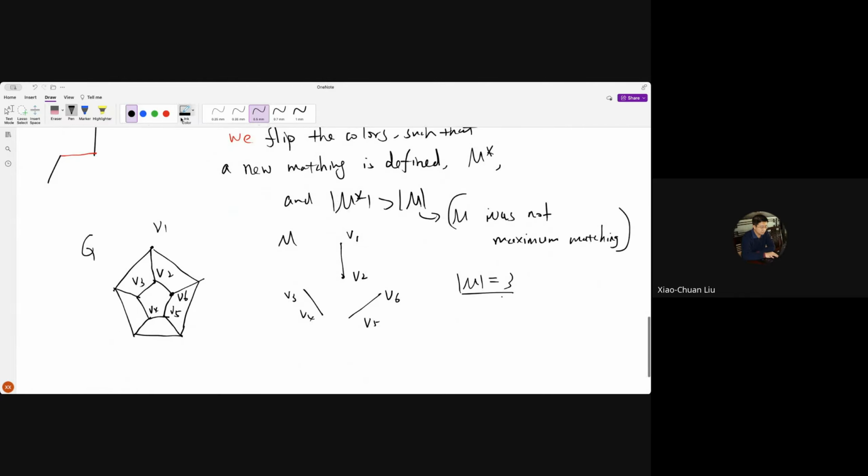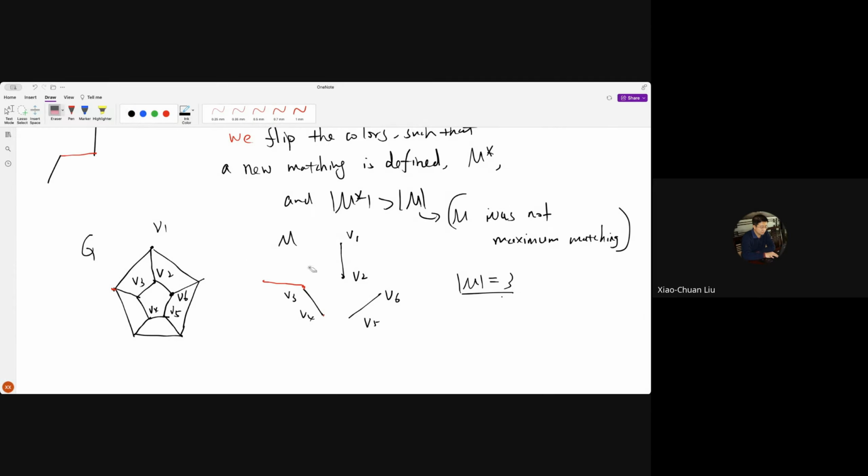I want to find a path which is here. There is a vertex, this vertex. I draw them. This does not belong to my matching, so I draw it red. Sorry, I got another edge.